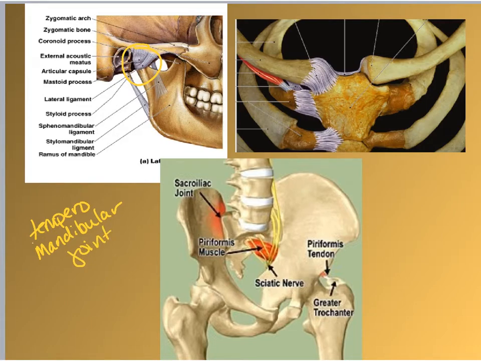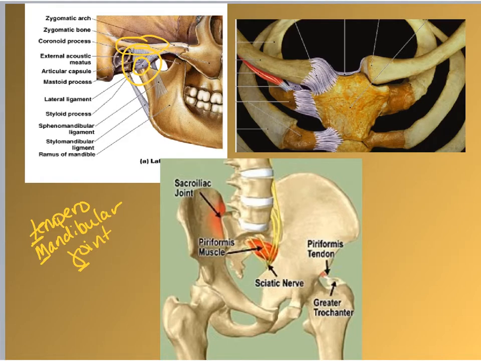So that's where we get the phrase TMJ. That joint is named for the point of articulation between this part of the temporal bone here and this part of the mandible.